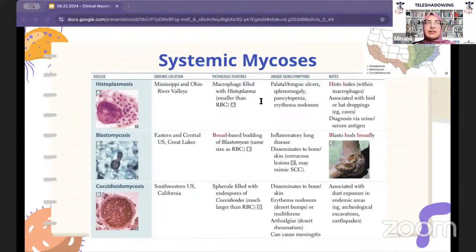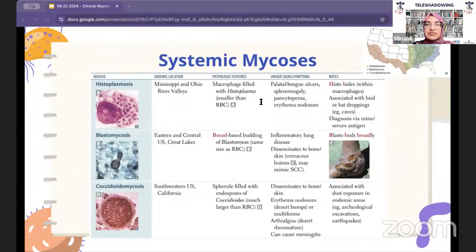So again, the symptoms include fever, chest pain, pneumonia-like symptoms. There can also be abscess formations in disseminated forms. There can also be osteomyelitis, and this can actually cause skin nodules, ulcers, and also fistulas that can happen due to trauma. The only way that you can confidently differentiate blastomyces from histo is by microscopy.